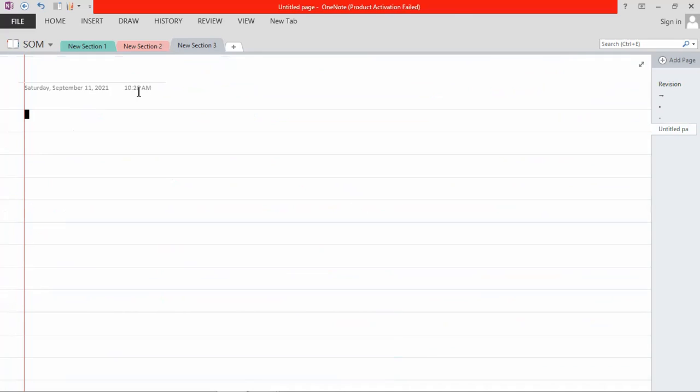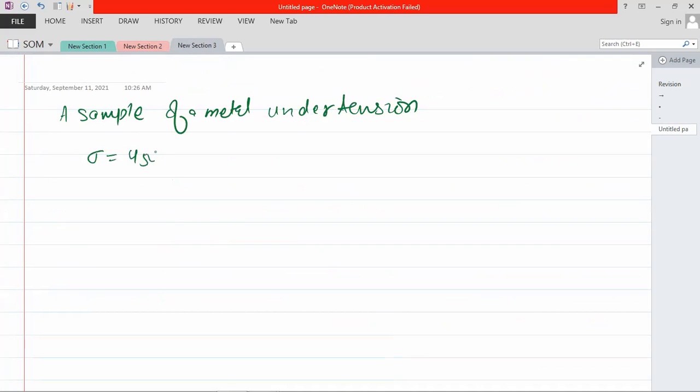Now, the second question is, given a sample of a metal tested under tension, and it is given that at a stress of 450 Newton per mm square, the strain is 0.0080.